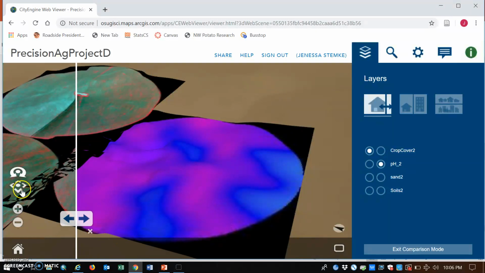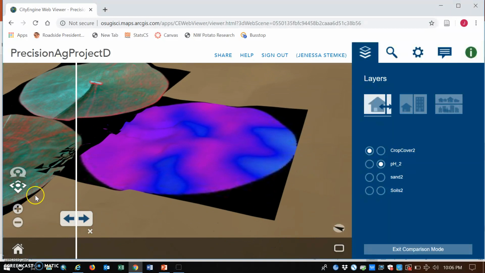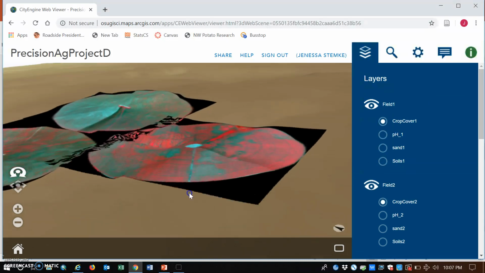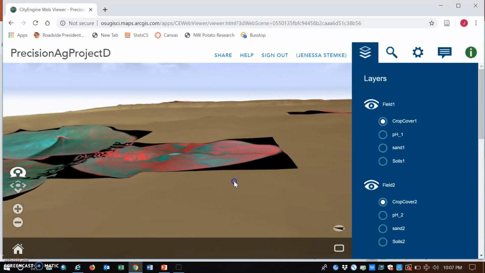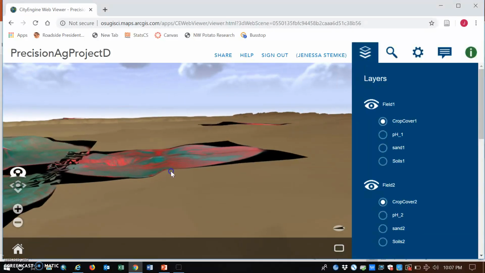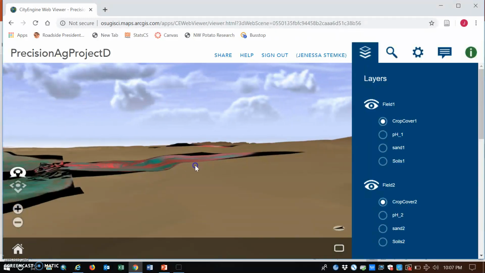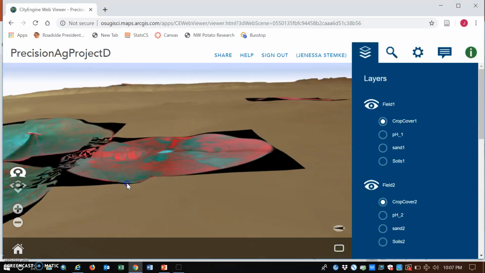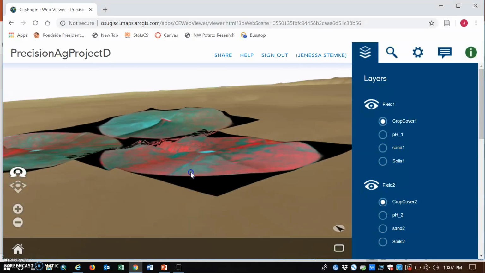Now you can look at the terrain. I did exaggerate the terrain by a factor of 2, twice as much, because it was kind of hard to see any patterns in the terrain in this view.